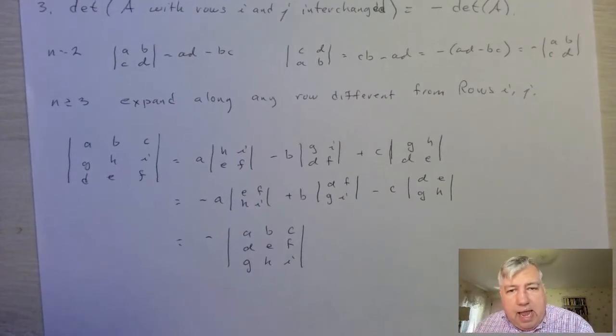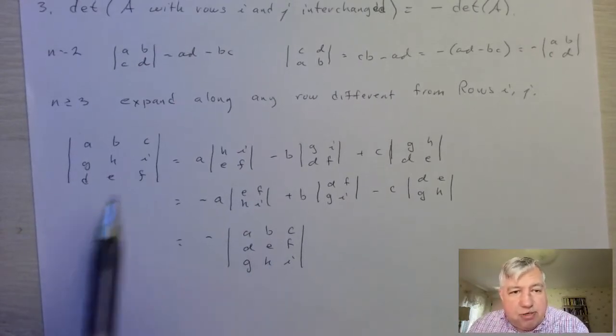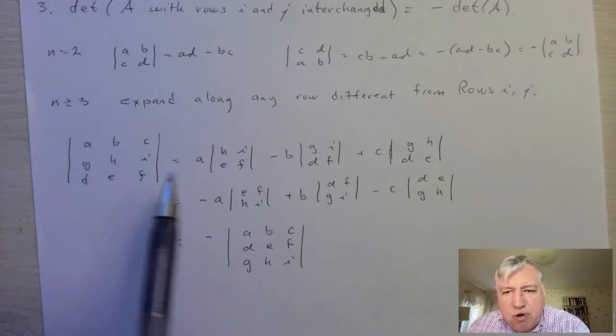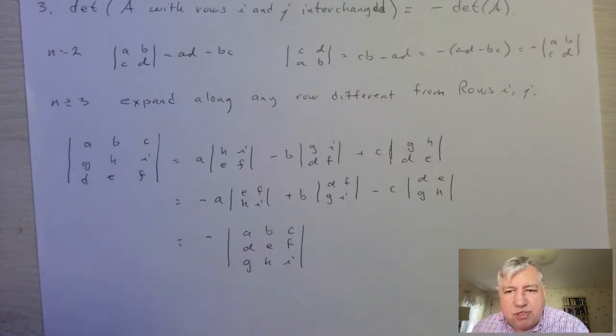All right, and that's what happens when you interchange the second and third rows. If you interchange any two rows, just expand along the row which is left over, and you can get the other two cases.